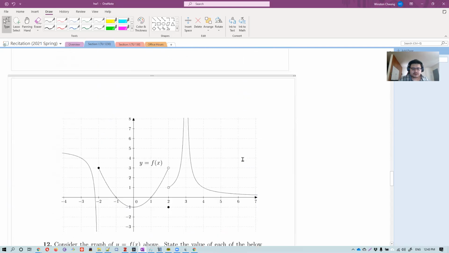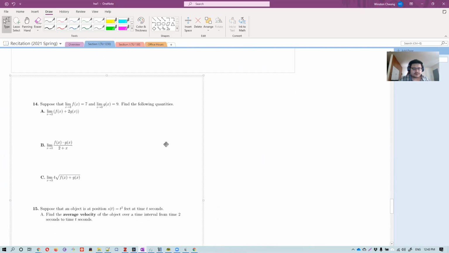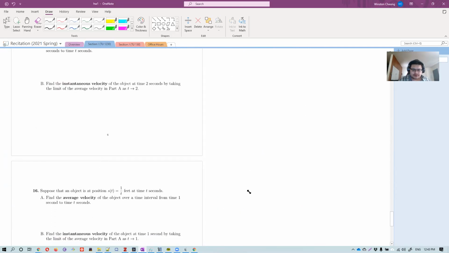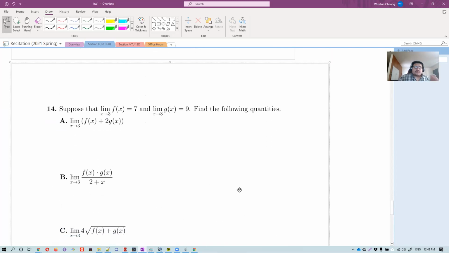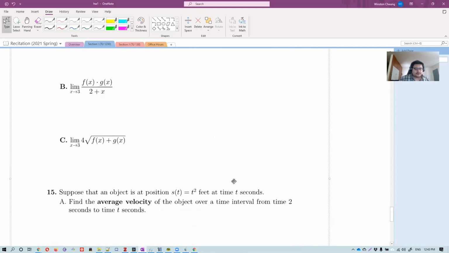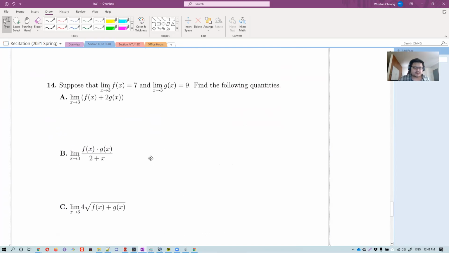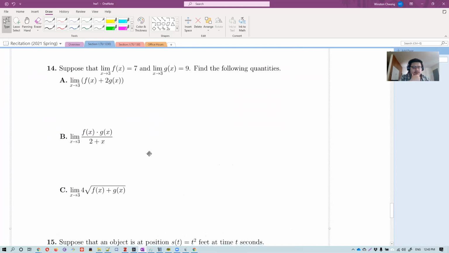Now for the material that I guess you were lectured on yesterday. So now for this problem, we start to use the limit rules. So the shortcut that you can think of is, have you guys learned continuity yet?